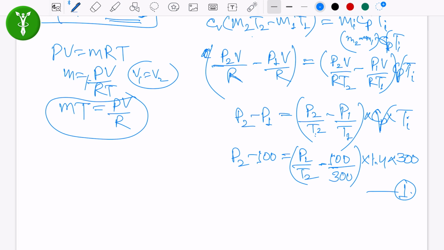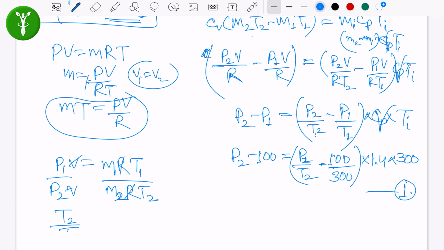Now we should know about P2 or T2 or the ratio of these two. So we can use the ideal gas equation: P1 V equal to M1 R T1, and P2 V equal to M2 R T2. R cancels, V cancels, and here we know M2 equal to 2 M1.